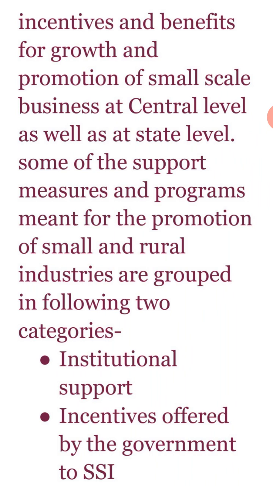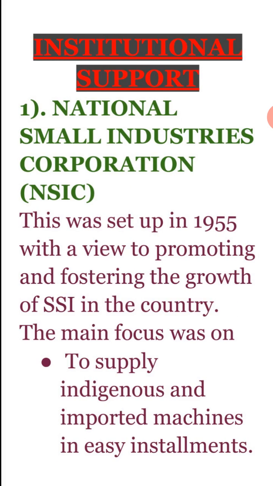Like there will be a portal in between, and that portal will be the institution. So the support provided through the institution is known as the institutional support. And the second one is incentives offered by the government to SSI. These are the incentives that are directly provided by the government to the small scale industries. Let us discuss them one by one.